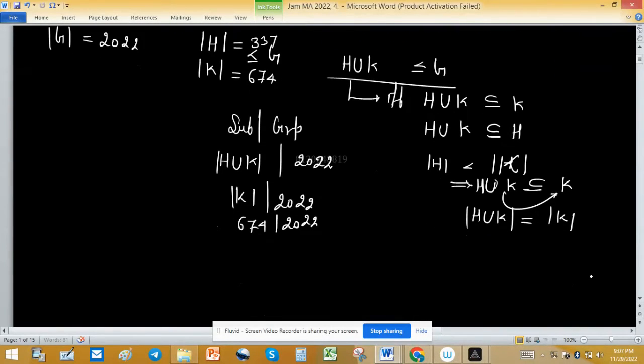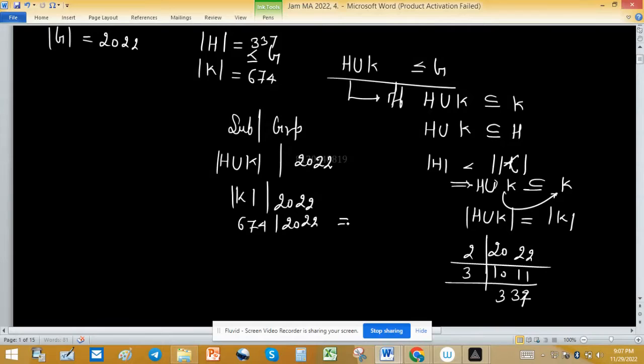2022 we can write, after factorizing by 2, 1011, and using 3, 3 1s are 3, 3 3s are 9, and 3 7s are 21.